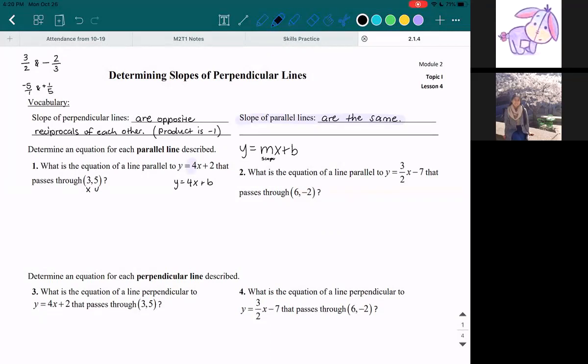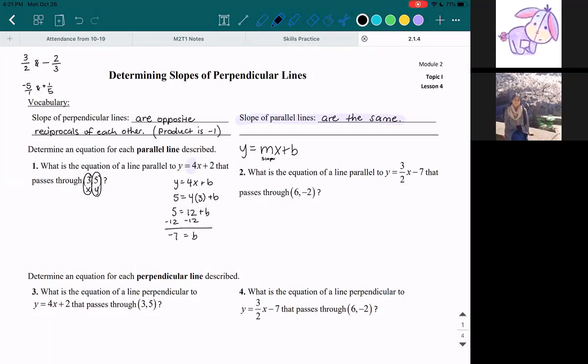So here's our x, here's our y. So x is 3, y is 5. We're going to plug that into our equation. So where it says y equals, I'm going to write 5 equals 4. And then where it says x, I'm going to write 3. And we're going to simplify this to solve for b. And so we get -7 is equal to b.